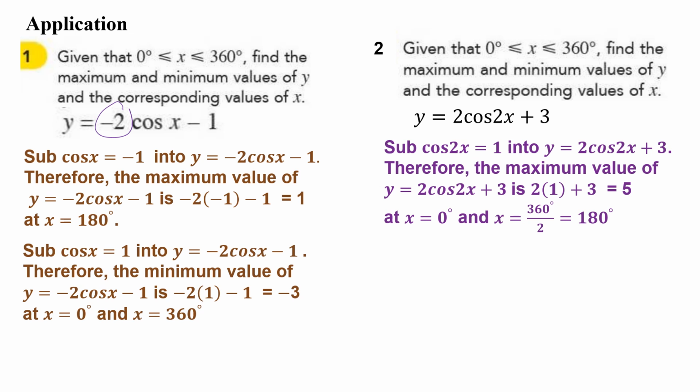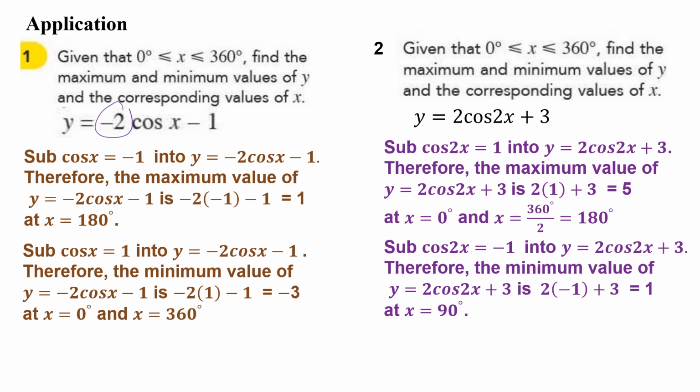And our corresponding angles will be 0 degrees divided by 2, that still gives you 0. However, the second angle will be 360 divided by 2, that gives you 180. And then for the minimum value, we substitute cos 2x to be -1. And that happens when the angle is 180 divided by 2, which gives you 90 degrees.